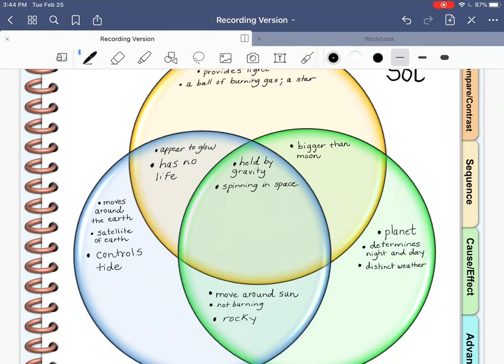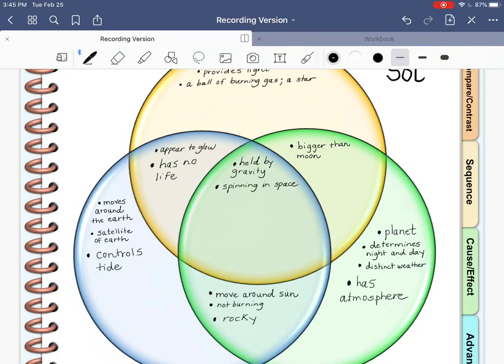Which one of these has an atmosphere? That is related to having life. You have to have an atmosphere to have life. So the earth has a breathable atmosphere. Which one of these is too hot for life?